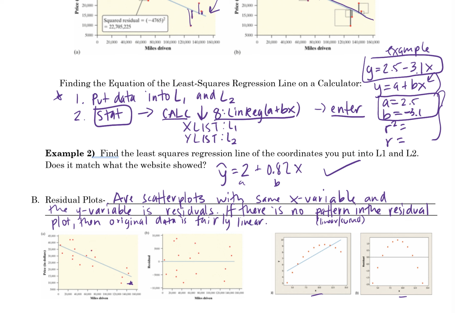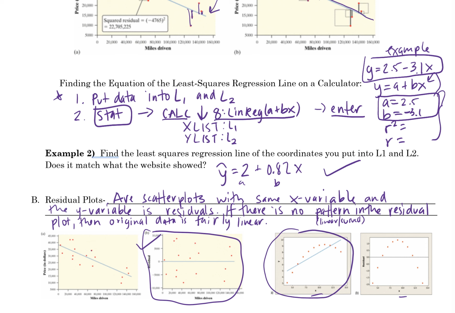So if there is no pattern in the residual plot, like this guy, that's good. That means the original data here is actually pretty linear, and a line is going to do a good job of modeling the data.